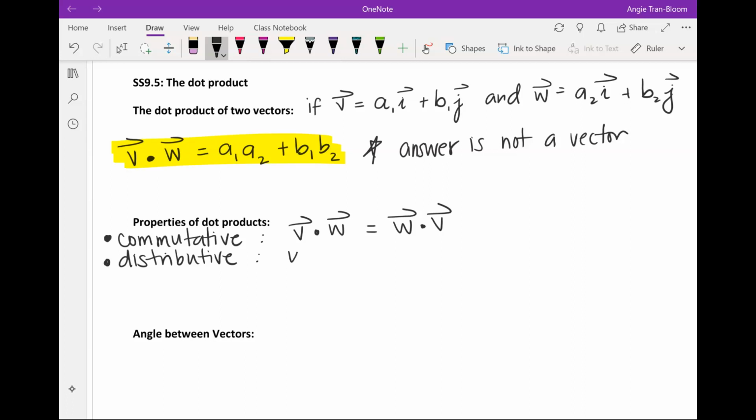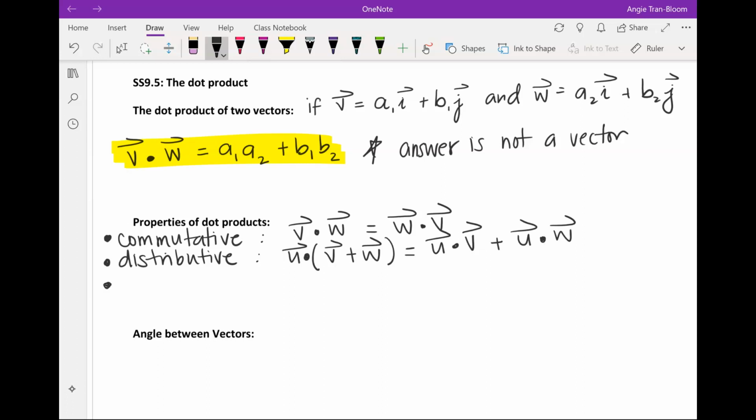That means if we have three vectors, u dot (v plus w) is the same thing as saying u dot v plus u dot w.